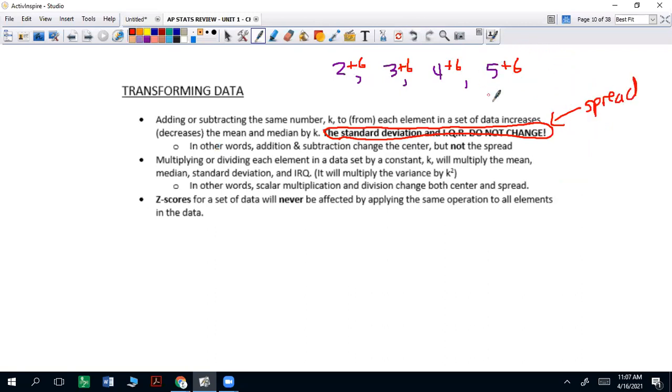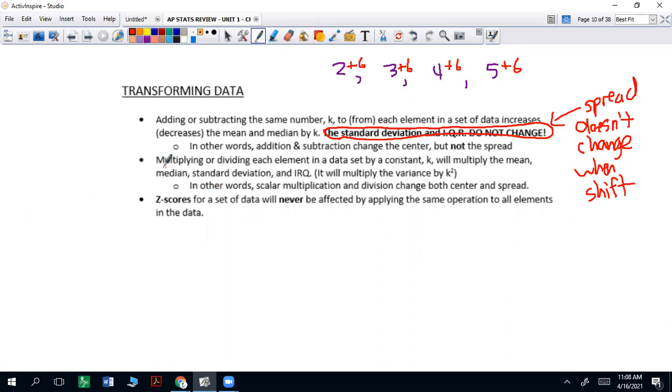If I shift everything right or left, spread doesn't change when you shift. So if you add or subtract, every location, the Q3 will be higher or lower, the Q1 will be higher or lower, but because they'll be higher or lower the same amount, that IQR will be the same. Standard deviation will be the same.